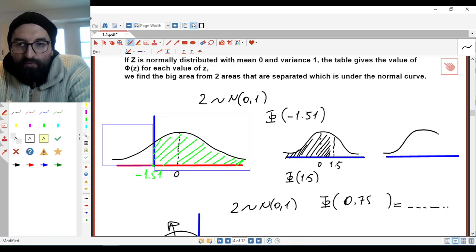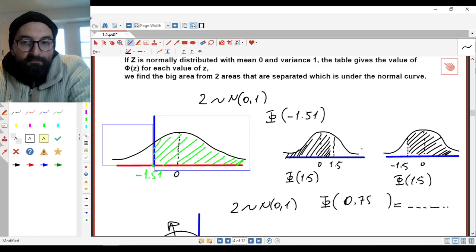And if you want to find the probability of more than negative 1.5, you also have to find positive 1.5, because the normal curve is a symmetrical curve.